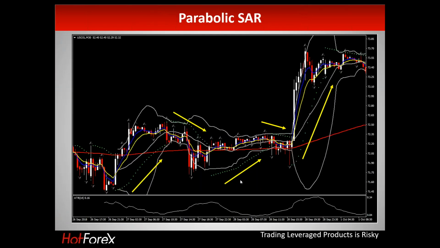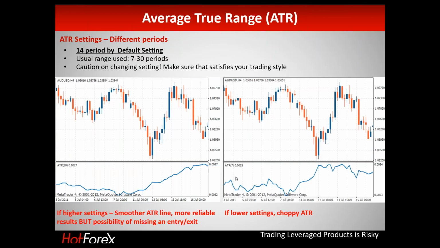Okay, let's move on to what we have over here. So, okay, this is an example when we are changing the settings. In the first chart, you can see that we have changed the settings to 20 periods. So it gives you a smoother ATR line and more reliable results, but you might miss the opportunity to enter the market on time.